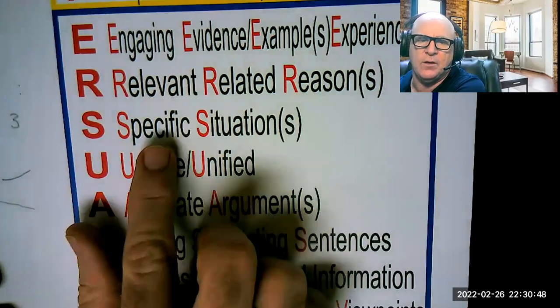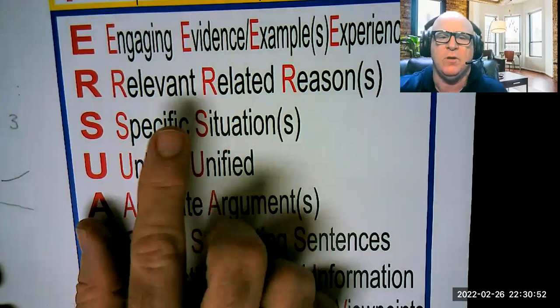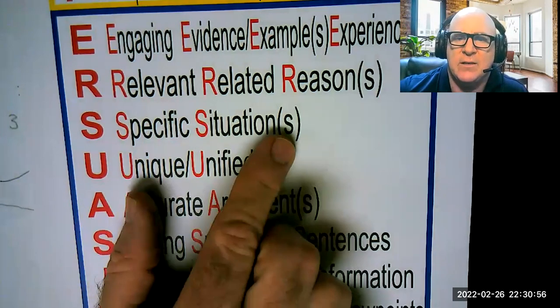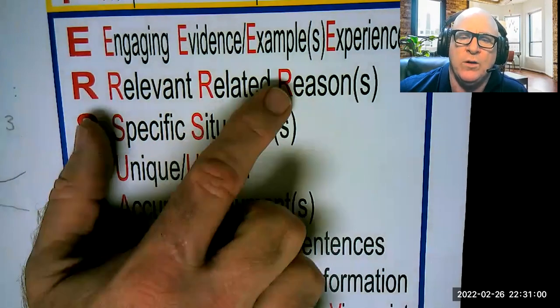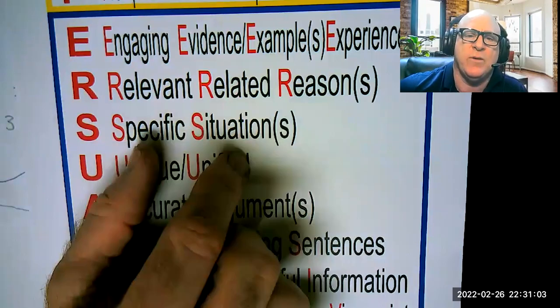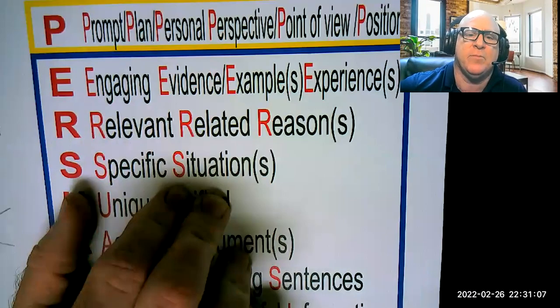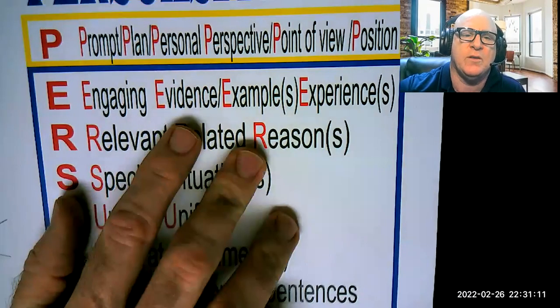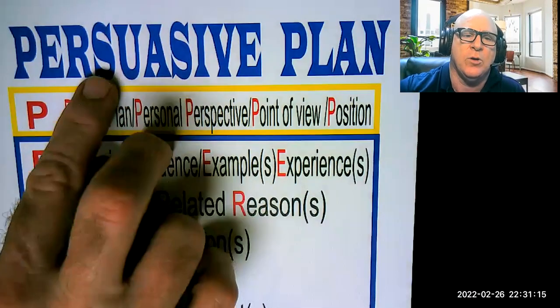Doesn't matter which one, situation or situations. Be careful though, because if you give me six examples, that's called a list. And we want to make sure we're doing persuasive, that's developed, not persuasive without the S's.